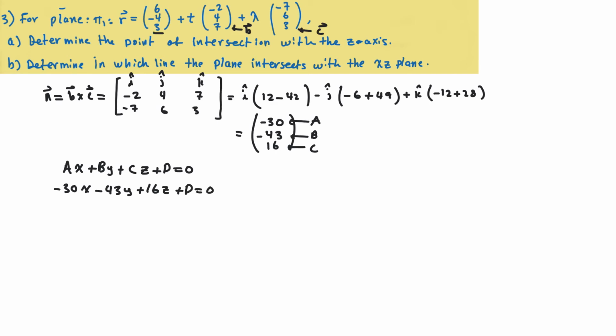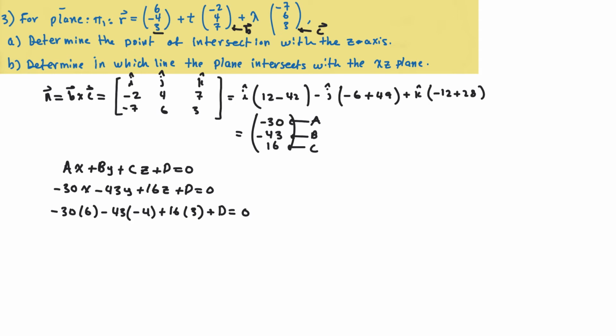I'm going to use this point over here to figure out what my d value is. So that's negative 30 times 6, minus 43 times y, which is negative 4, plus 16 times z, which is 3, plus d is equal to 0.